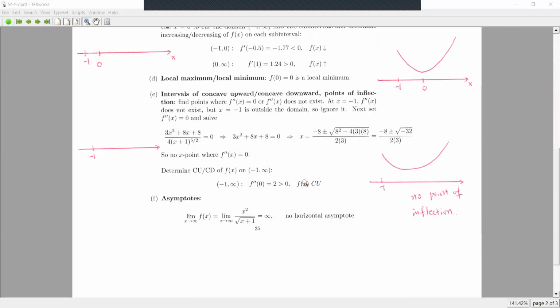So the graph of the original function is concave up. Second derivative greater than 0, it is concave up. Less than 0, concave down. So from -1 to infinity, the whole domain, the curve is concave up. Therefore, no point of inflection. A point of inflection is a point where the graph changes concavity. No point of inflection.